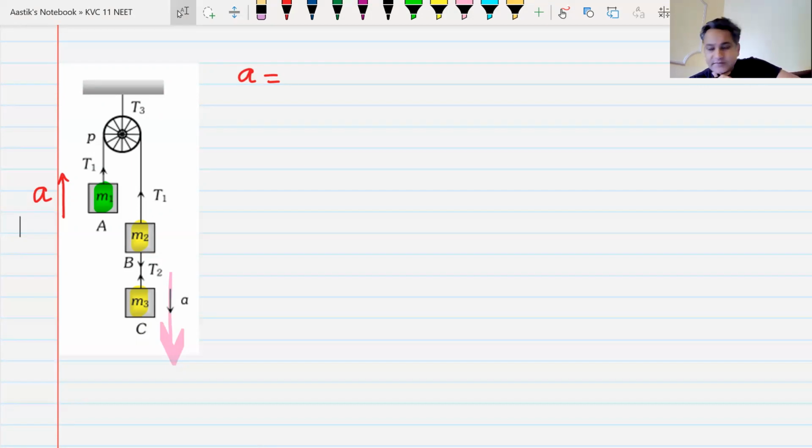Can anyone tell me the answer for acceleration?